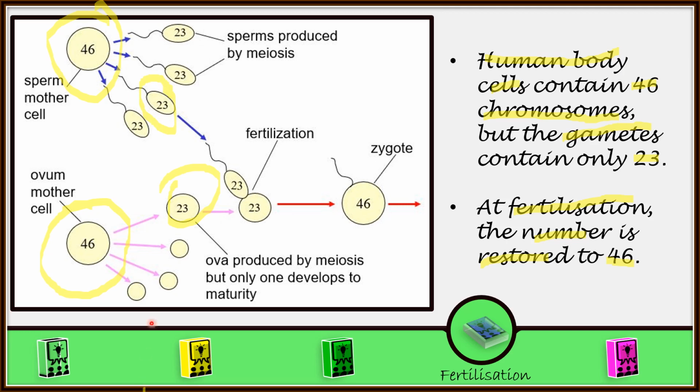When these gametes come together, they combine, and the 23 and the 23 are going to come together, and we are going to get a zygote which has now 46 chromosomes, the same number of chromosomes as the parent cell. So after fertilization, the number is going to be restored back to 46.